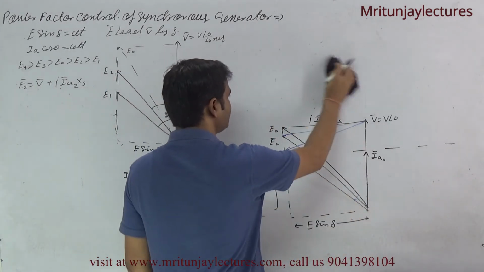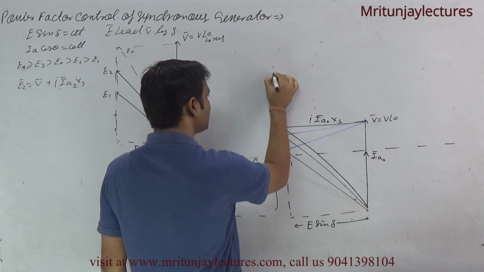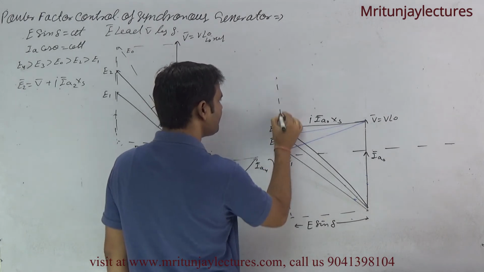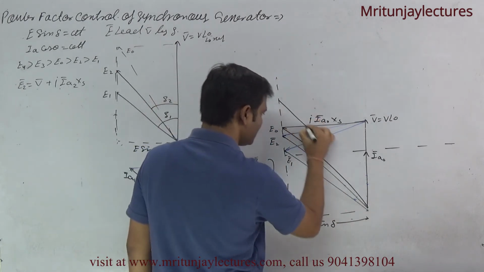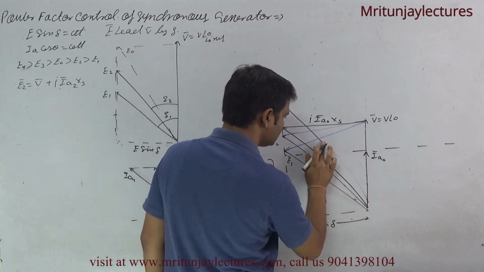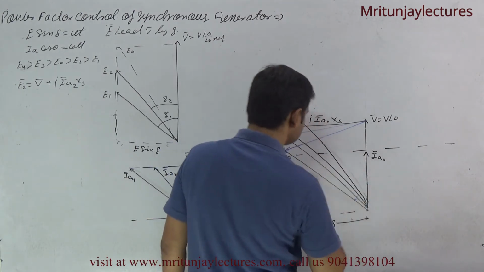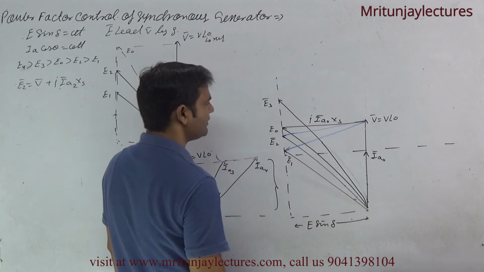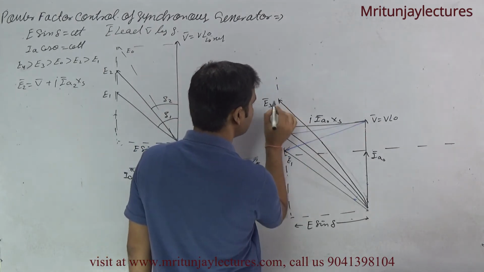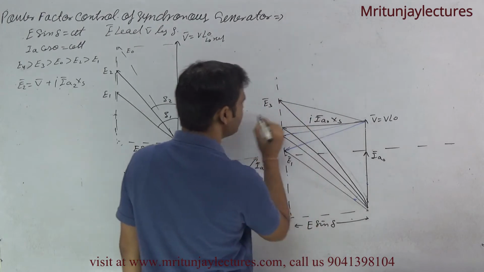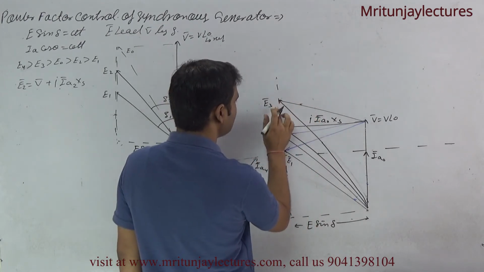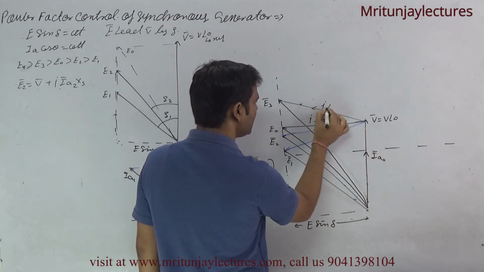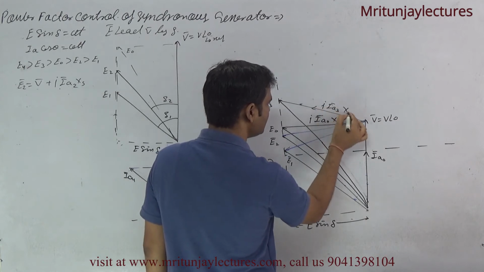If excitation voltage increases again corresponding to E3, E3 is represented here like this one, suppose that is E3, and this will be equal to V plus J IA3 into S.